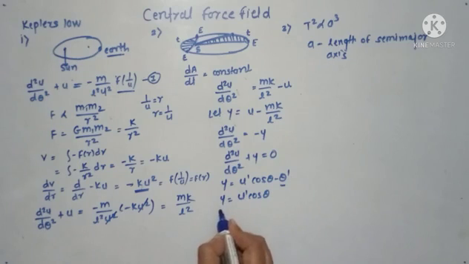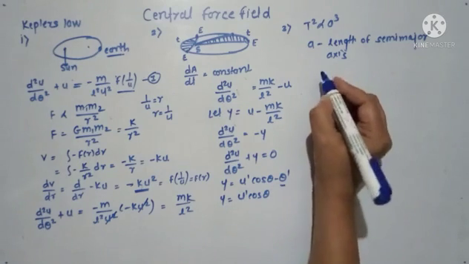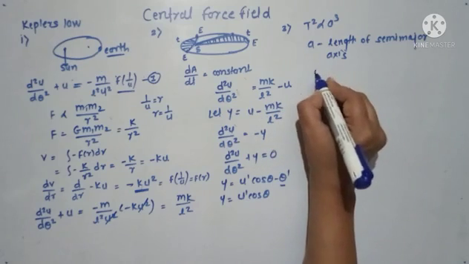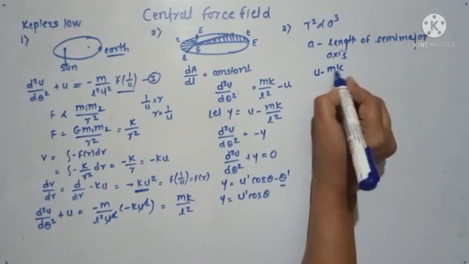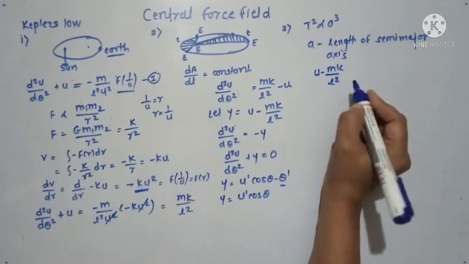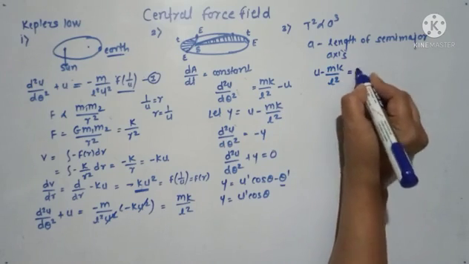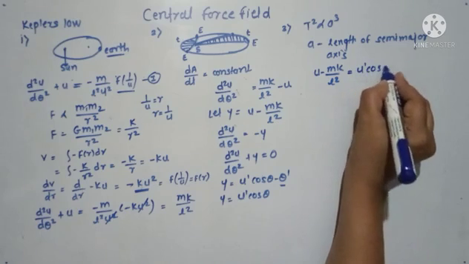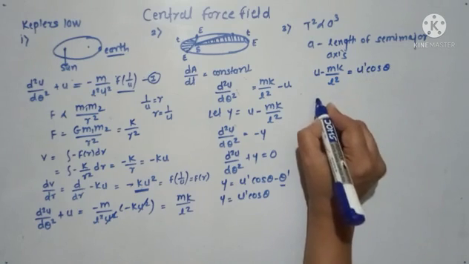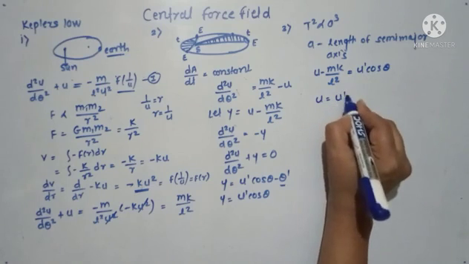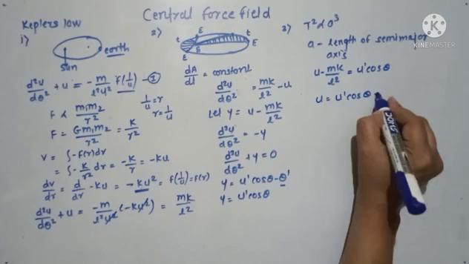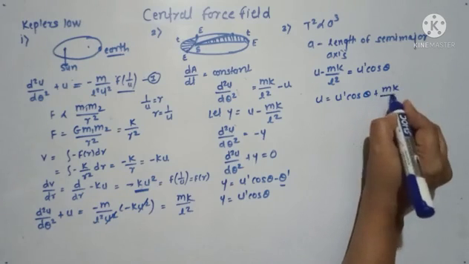Now let me put the value of this y. The value of y is u - mk/L², which is equal to u' cos θ, or u = u' cos θ + mk/L².